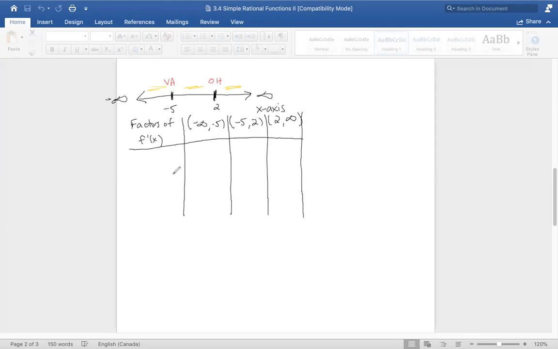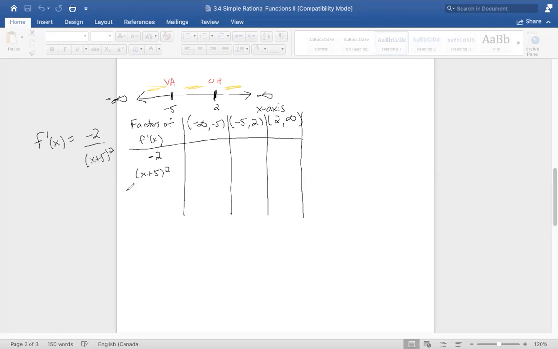If I look at my factors right before I set it equal to 0, I had -2 over (x plus 5) squared. So my factors are, you separate the numerator as a factor and then the denominator, (x plus 5) squared.